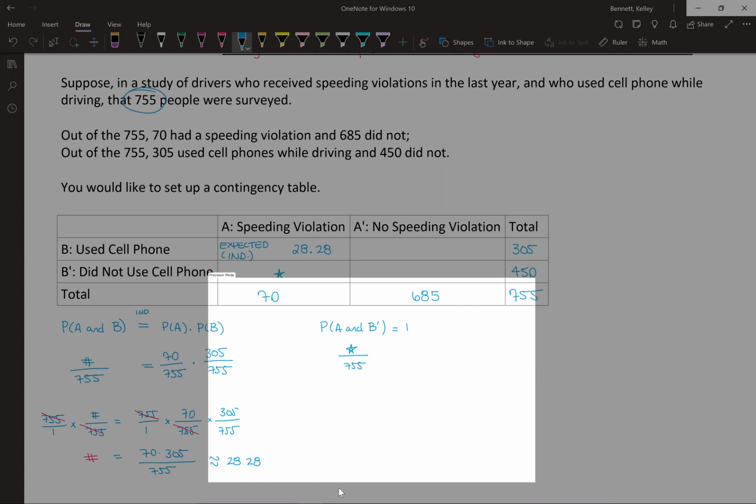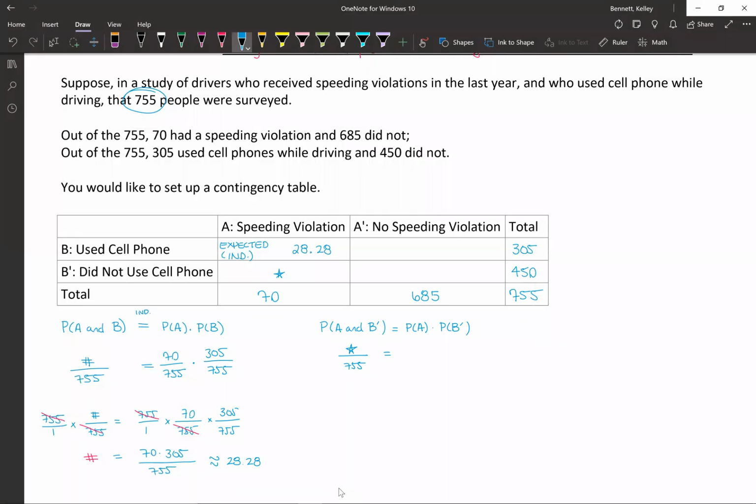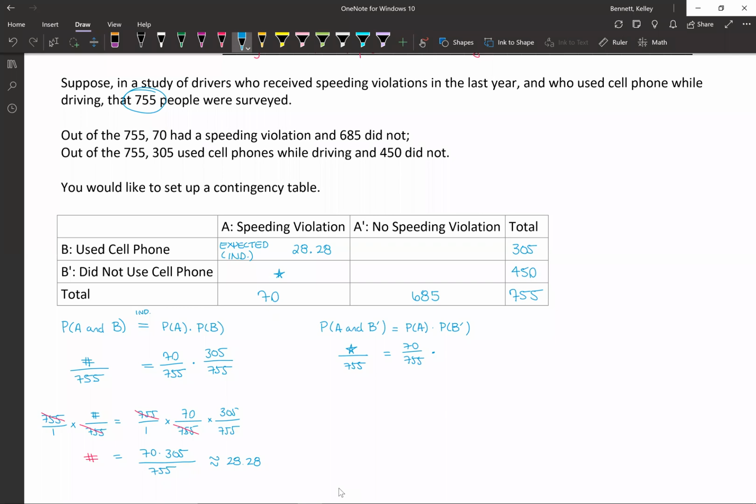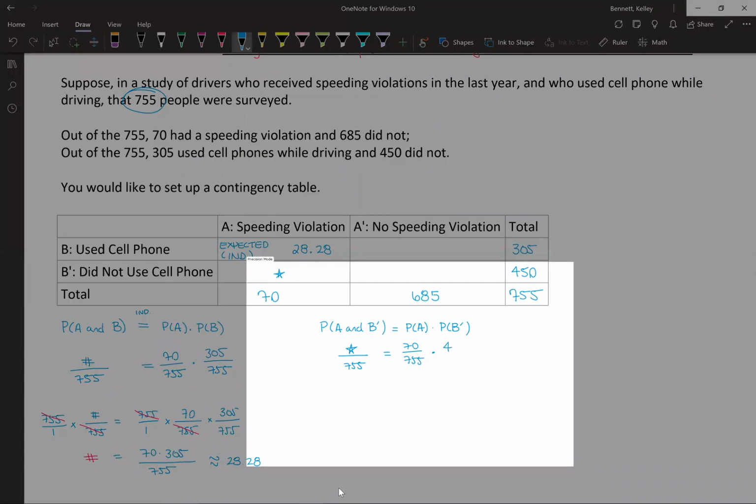This should be the probability of A times the probability of not B. So the probability of A is still 70 over 755. And now the probability of not B, instead of 305, is going to be 450. I know I can cancel out a 755 on each side.